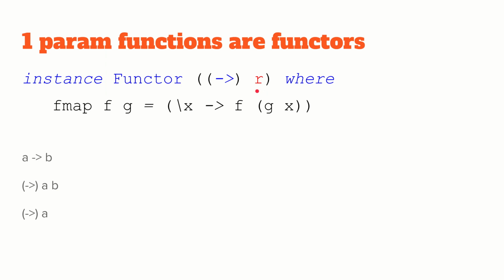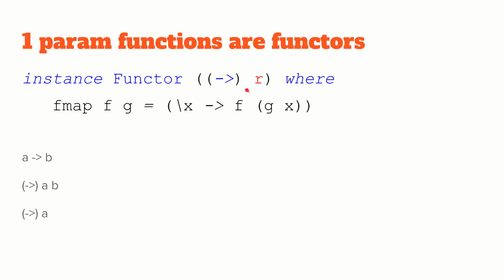This just says our parameter and our function is a functor. So the definition is we have our fmap, we have our function that we want to apply to our functor, and g is actually a function, so we apply a function to a function.